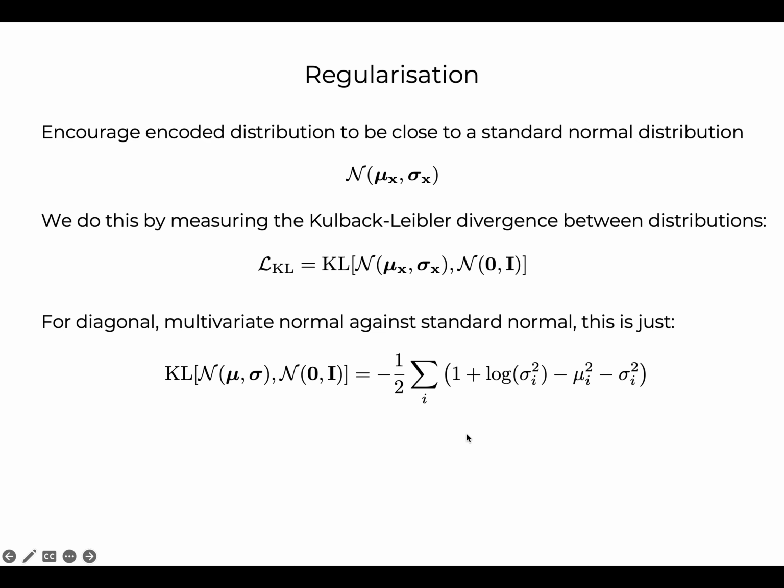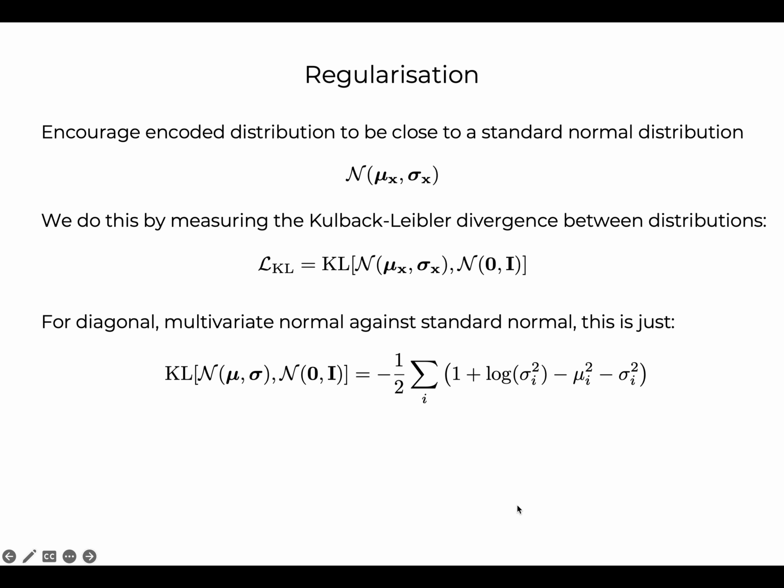Now, in the special case where it's a multivariate normal distribution and we're comparing it against a standard normal distribution, this has a very simple form that's easy to implement. It just depends on the values in the mean vector and the values in the variance vector combined according to this formula. And this gives us a measure of the KL divergence between these two things.